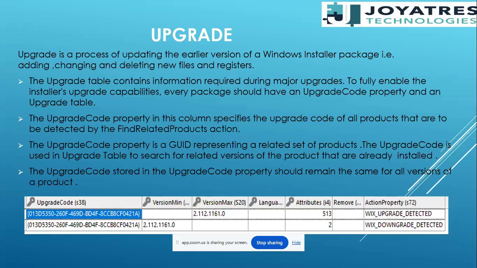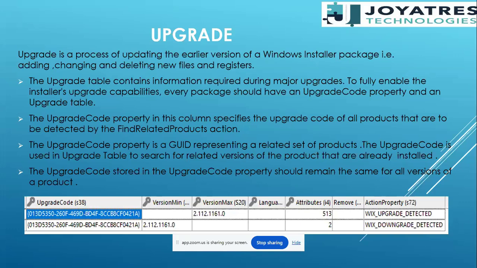Now the question is, what is this version, how are we going to specify it? For an example, you have version 1 and now you have to upgrade it to version 2. The version 2 which will have the full version, that version you have to specify here. So the highest version, and whatever lower versions there will be.